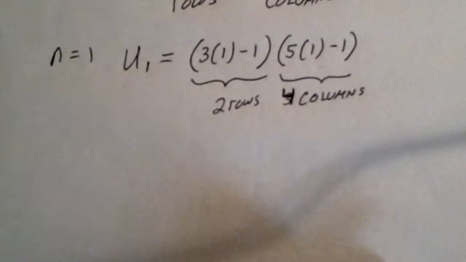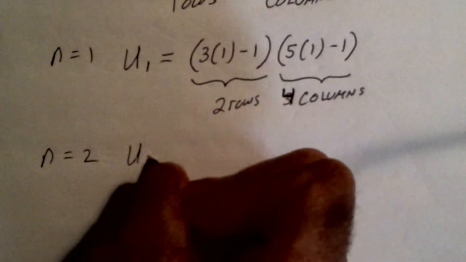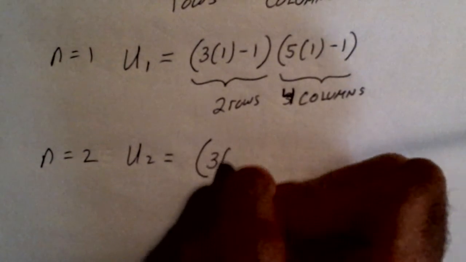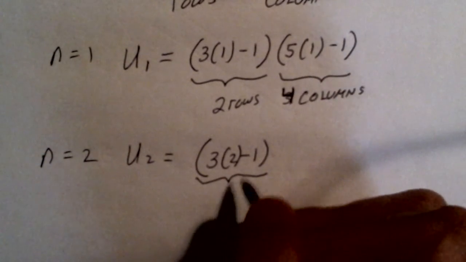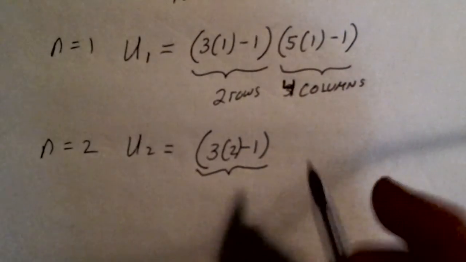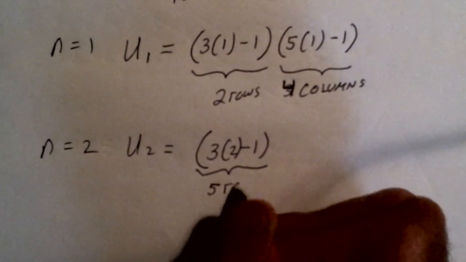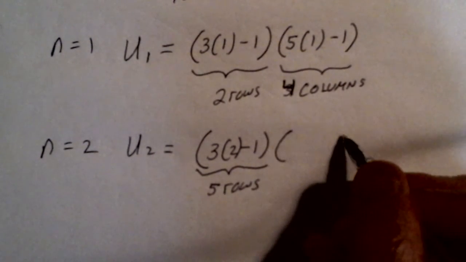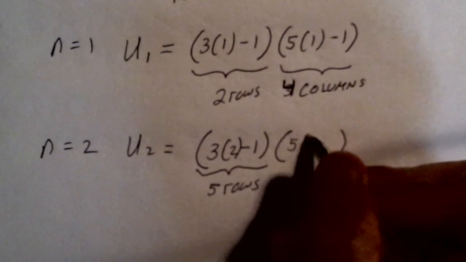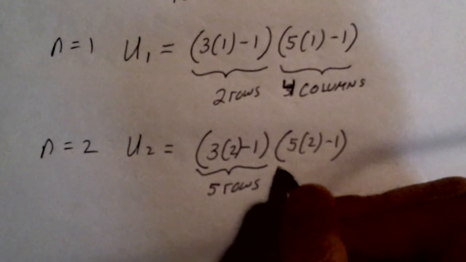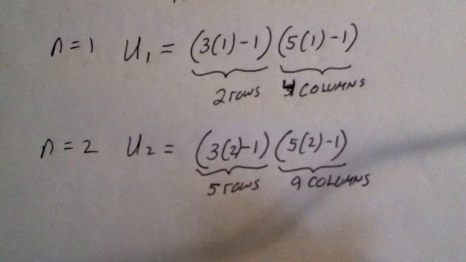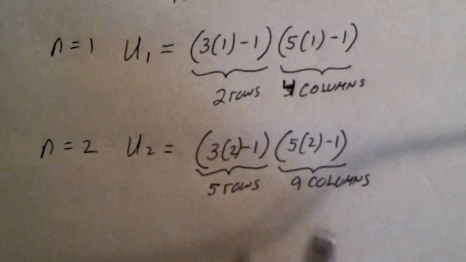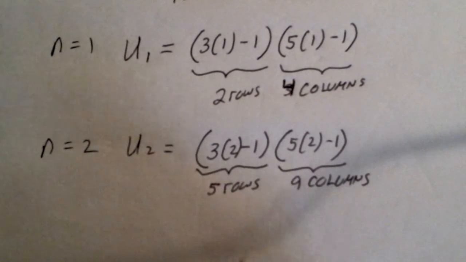Now, for the second arrangement, when n is equal to 2, u sub 2 has us adding 3 times 2 minus 1 rows, which is to say we added 5 rows, and we added 9 columns, for a total of how many cubes? 5 times 9 is 45 cubes.